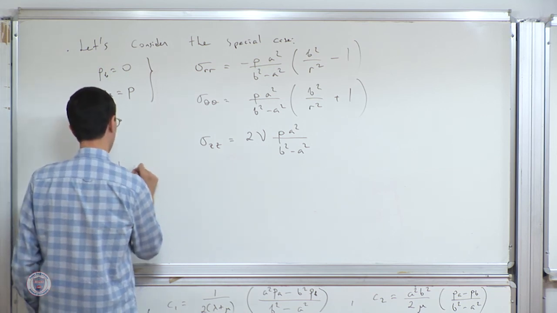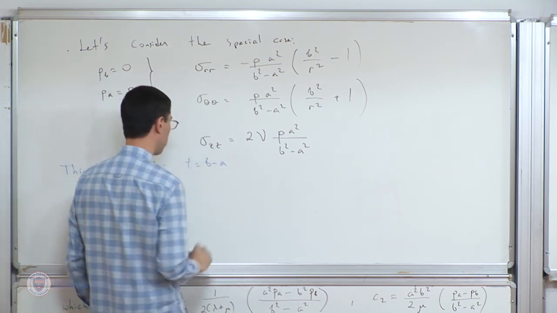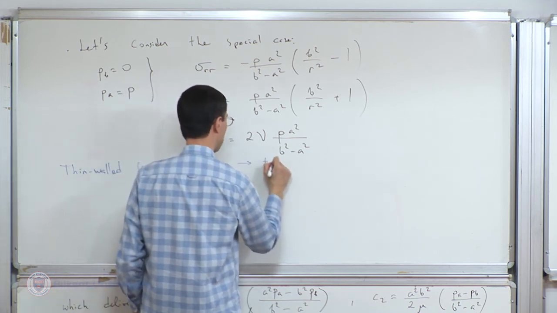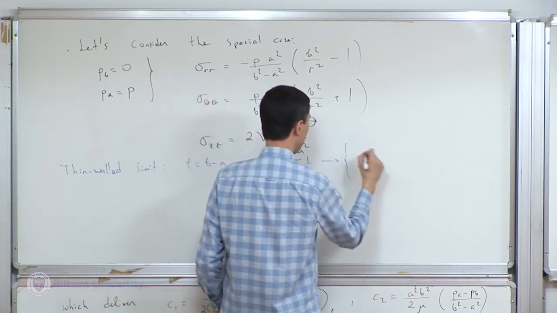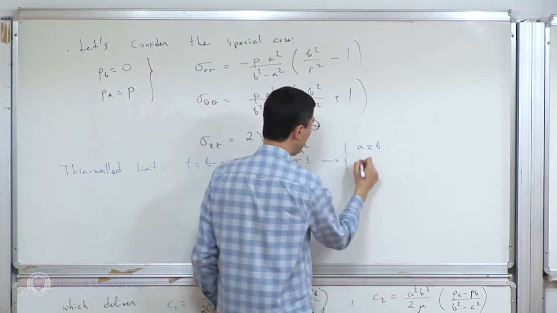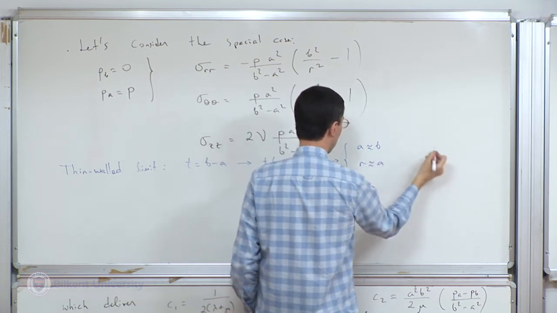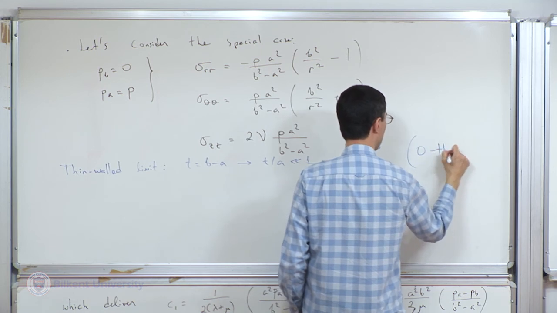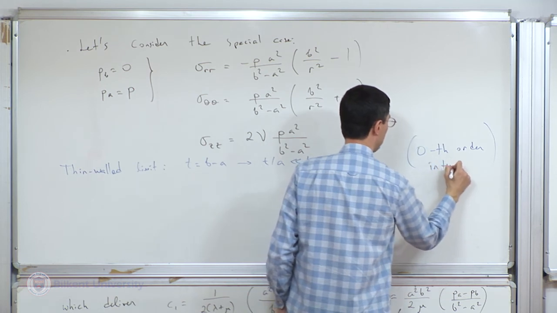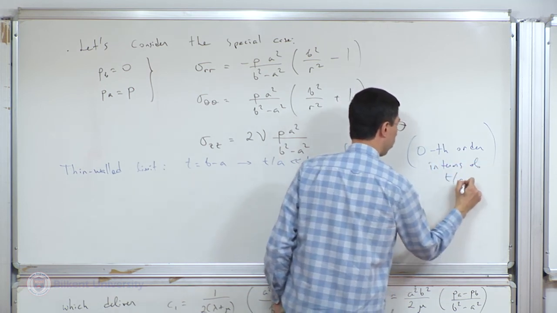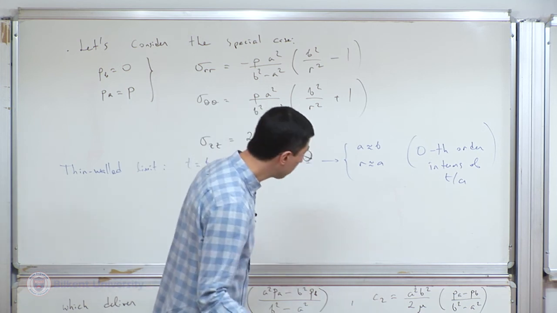And like last time, what we do is we define the wall thickness, T equals B minus A. And now we say that T over A is much, much less than 1, which essentially means that A is approximately equal to B. And in the radial dependence to 0th order, you can say that whenever you see an R, you plug in an A. So this is a 0th order approximation in terms of the ratio T over A. As I said last time, we could perhaps expand our solution in this parameter T over A and get various orders of approximation.